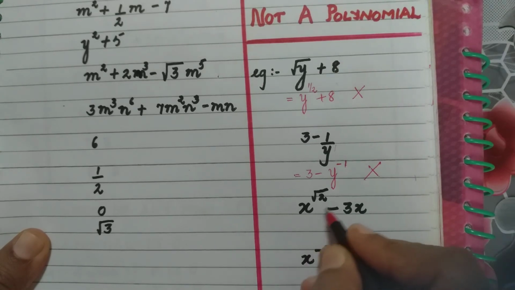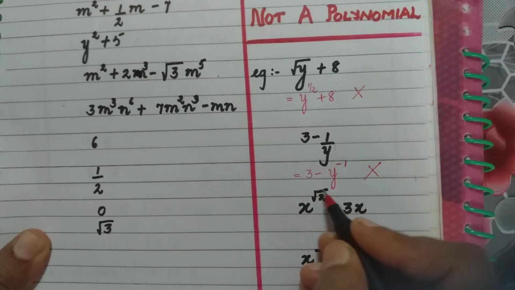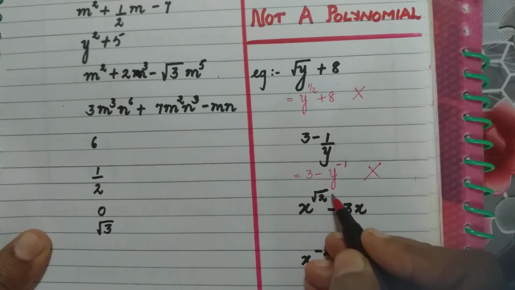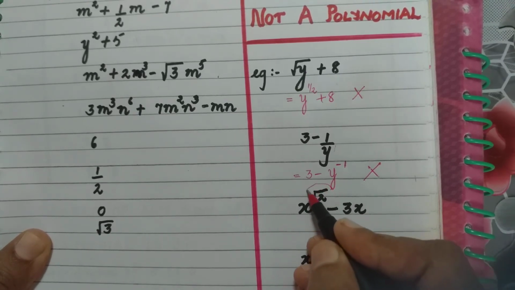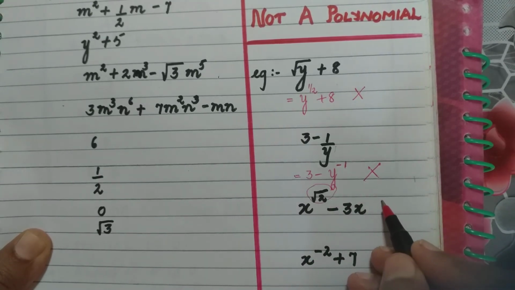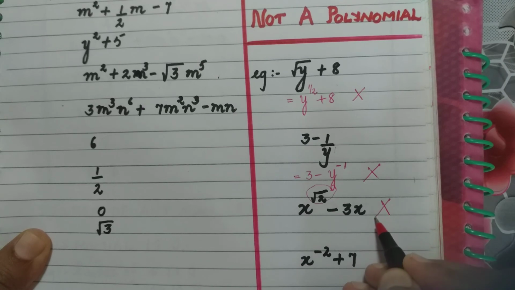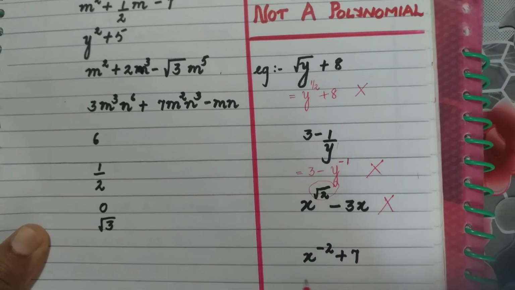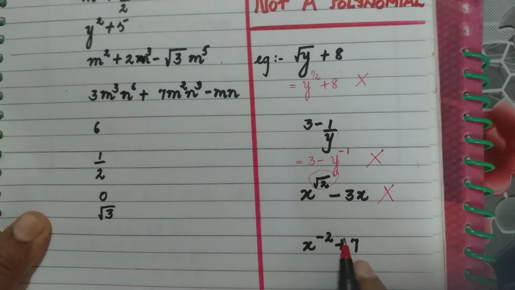Next one, this is x raised to root 2. Now, is root 2 a positive integer? This root 2 is not a positive integer. Therefore, x raised to root 2 minus 3x is not a polynomial. Next one, x raised to minus 2 plus 7.